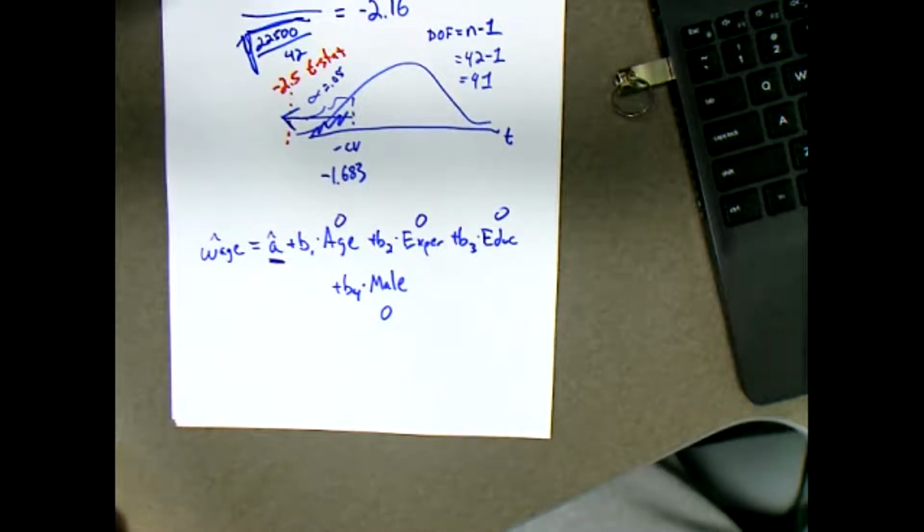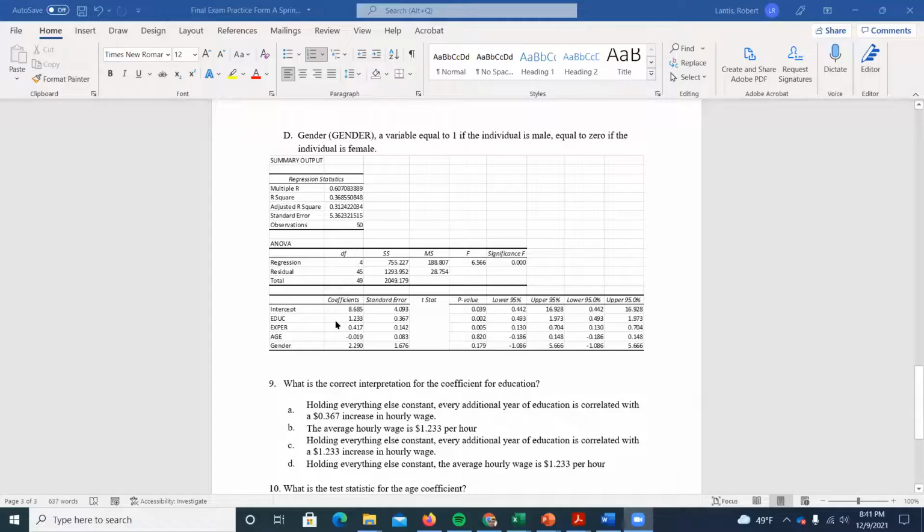So here, it'd be a kind of goofy interpretation, but somebody with 0 years of education, 0 experience, 0 years of age, and they are the 0 group for gender, which was female, their predicted wage would be about $8.6 per hour. So it's a little bit goofy because we never see someone like that, but it is going to be our starting point, kind of where this line of best fit extends from.